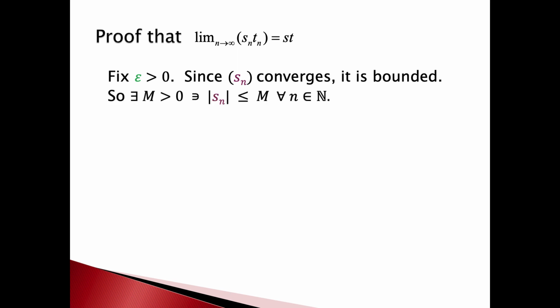What does that mean? That means that there's some capital M, so that the absolute value of the Sn's are always less than or equal to the capital M. It's true for every n. Every element in the sequence is bounded by M like this. Okay, that's true because Sn was a convergent sequence.